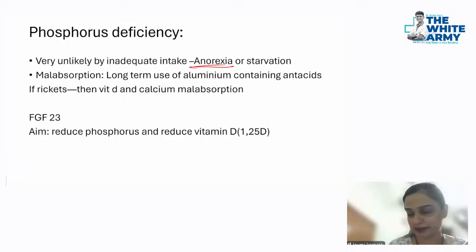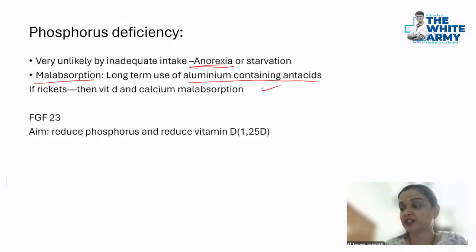It is widely available in all foods. Another possibility is malabsorption, classically with aluminum containing antacids, seen more in adults and adolescents who have gastritis and take these antacids for a long time, thereby causing phosphorus deficiency and rickets and osteomalacia. So if phosphorus deficiency has rickets, you have to suspect vitamin D and calcium malabsorption coexisting. It won't be an isolated phosphorus deficiency.